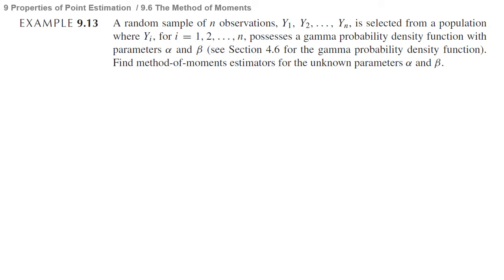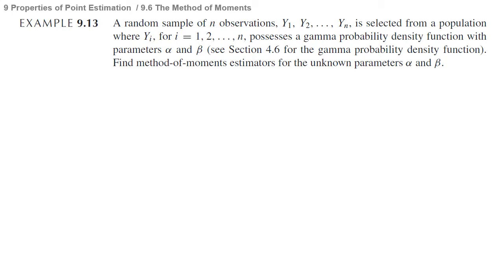Let's move on to example 9.13. A random sample of n observations, y1 to yn, is selected from a population where yi possesses a gamma probability density function with parameters alpha and beta. For the gamma density function, you can check section 4.6.